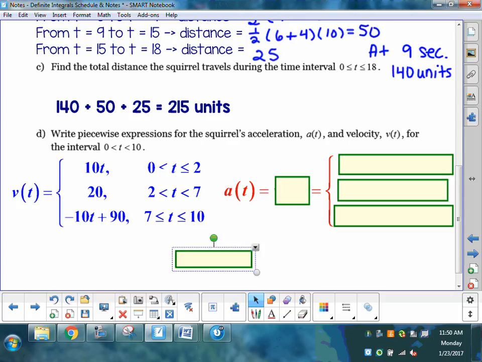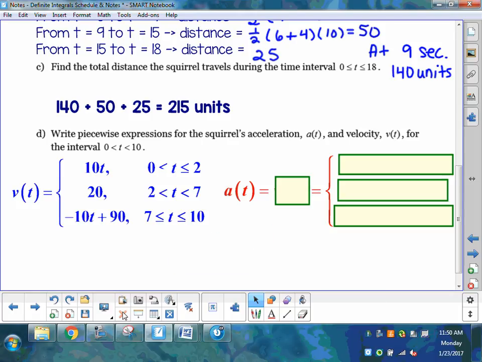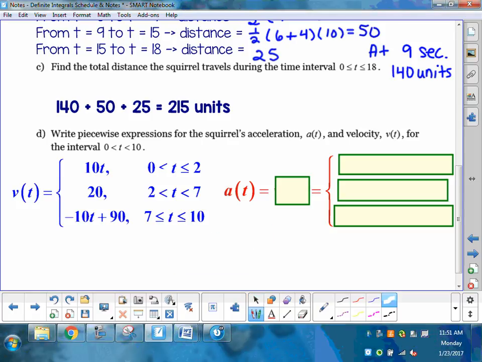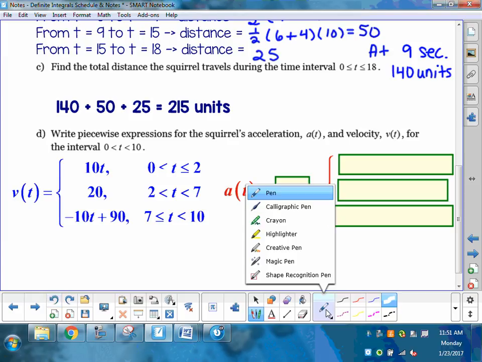Now, what is wrong about me including the 10? Who can tell me why I'm so disgusted with myself for including the 10? 10 isn't included on the interval. What does it say right here?